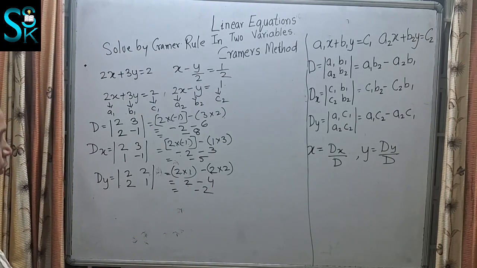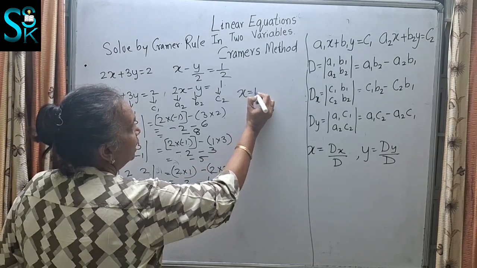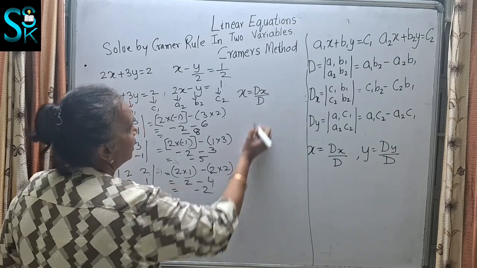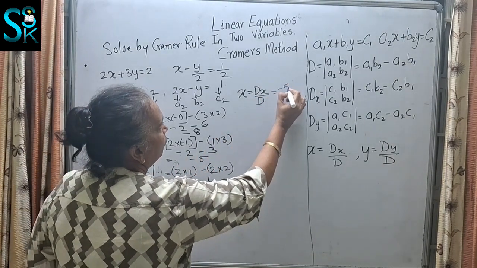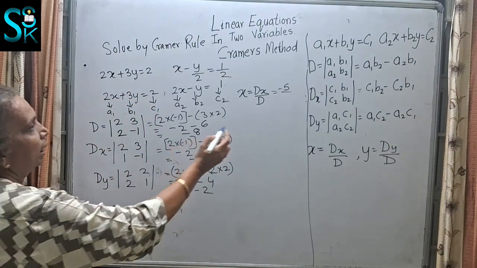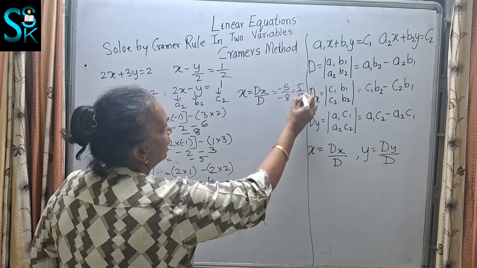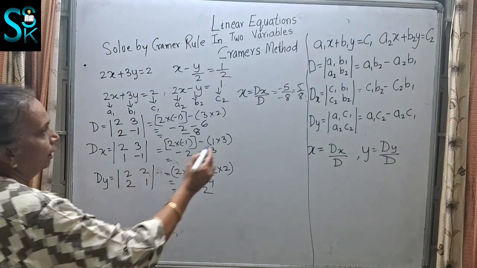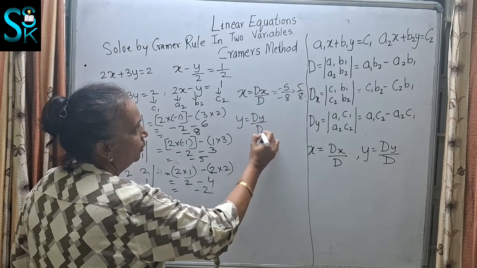To find the value of x, you write dx upon d. What is your dx? Minus 5. And d is minus 8. Minus minus will get cancelled. The answer will be 5 upon 8. Now to find the value of y, the formula is dy upon d.